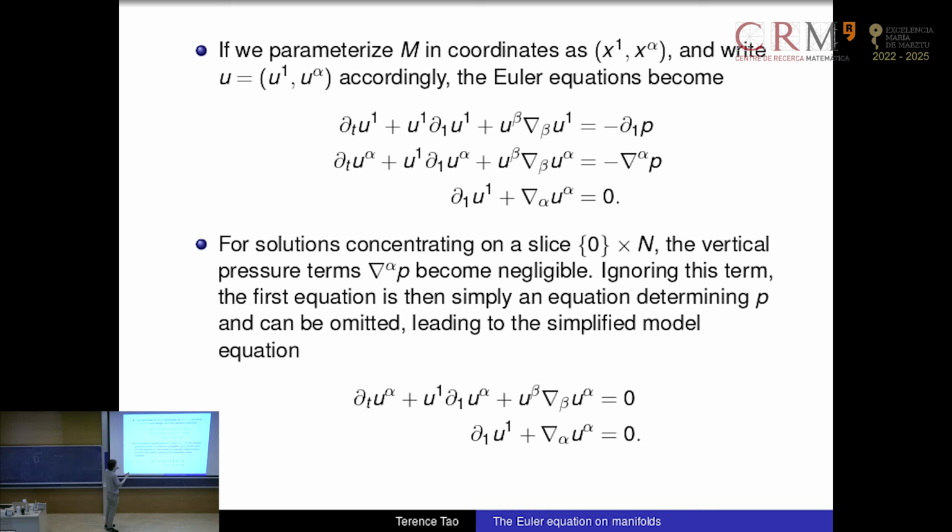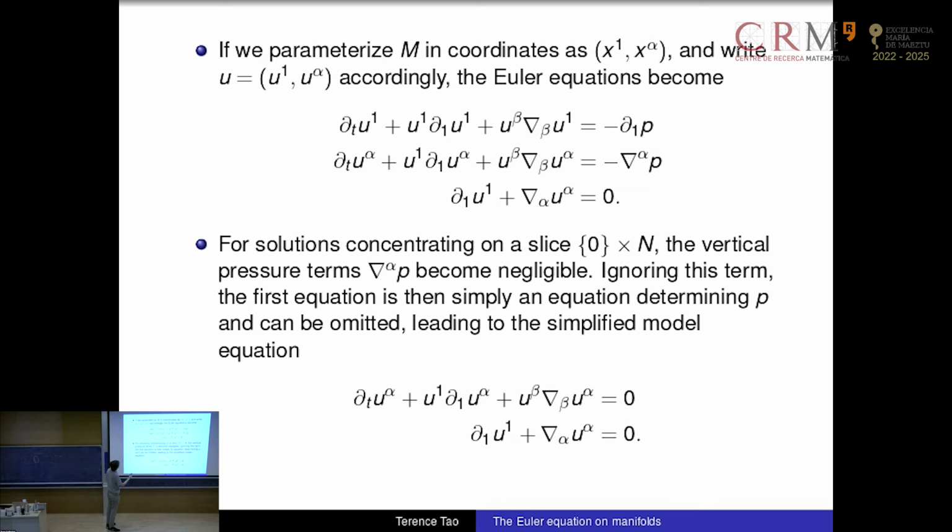So you can eliminate this term. This becomes zero. And that's really good news because then you can just completely discard the first equation.